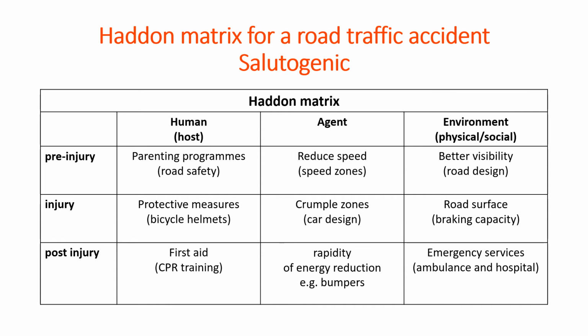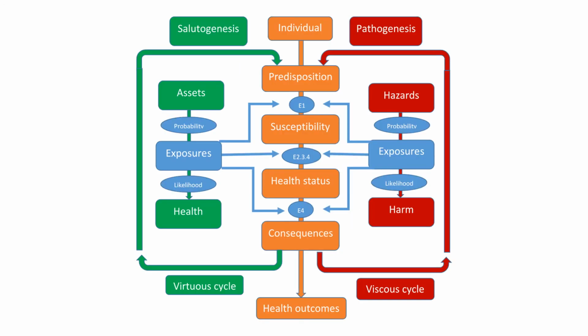In this slide I've tried to represent the two opposing forces of pathogenesis on the right and salutogenesis on the left, creating vicious and virtuous cycles with their combined effect on outcomes for the individual in the centre. The individual may start life predisposed to certain conditions for either genetic or social reasons.